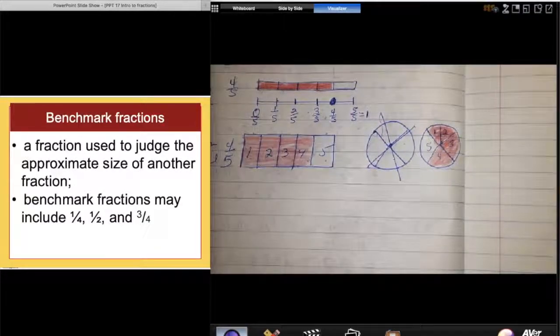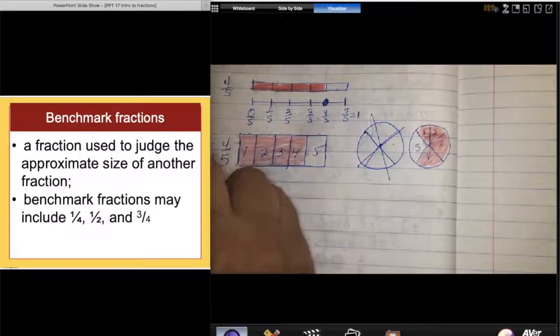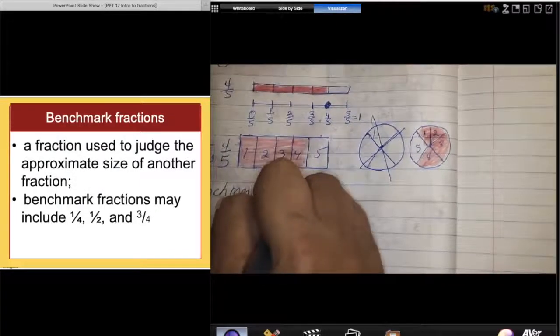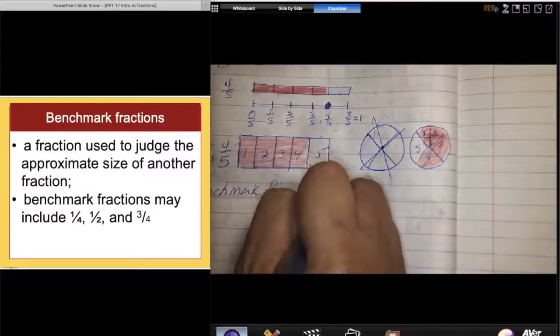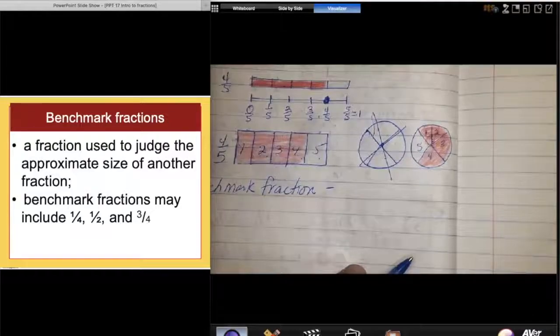Another definition that I'm throwing here at the end is a benchmark fraction. Benchmark fractions are fractions used to judge the approximate size of another fraction.